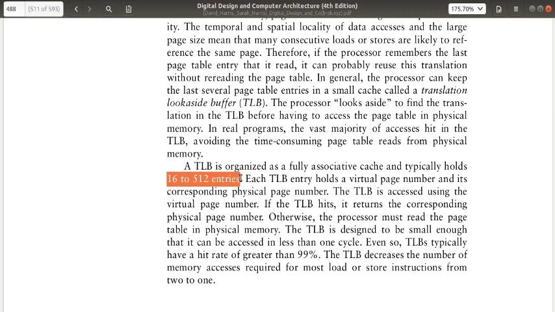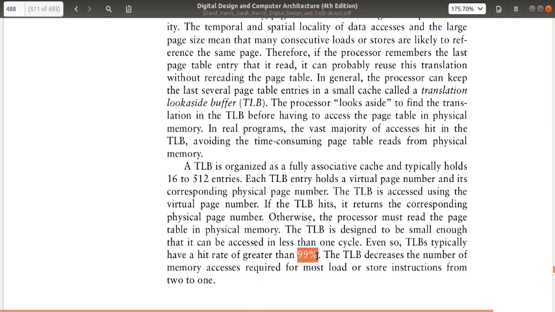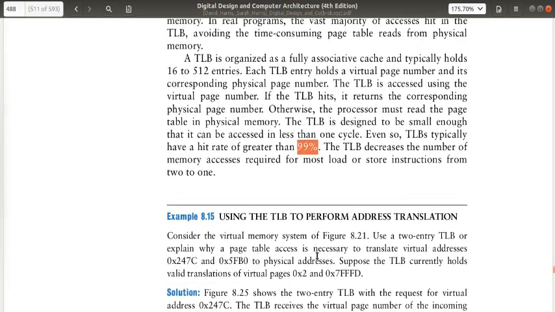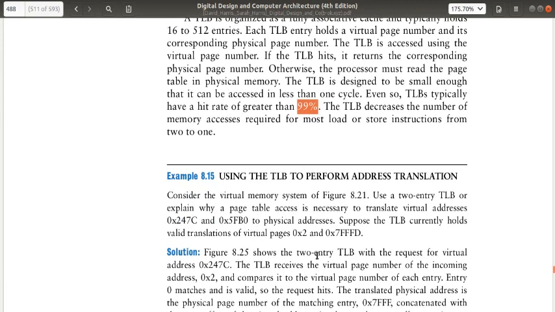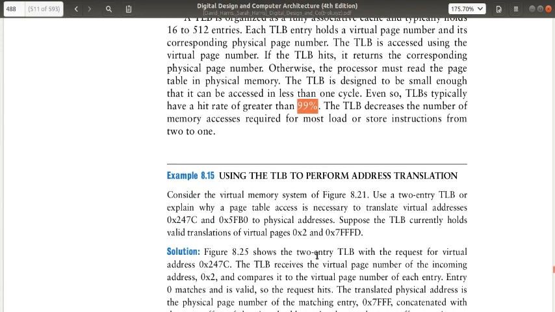But it gives around 99% hit rate, which is excellent, right? Similar to a cache, here also we are exploiting spatial locality and temporal locality. Now let's see how this translation look-aside buffer is implemented.